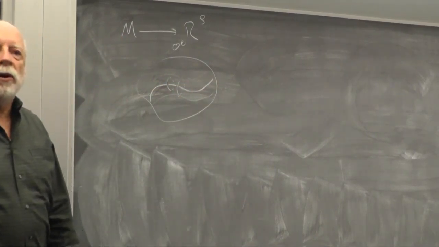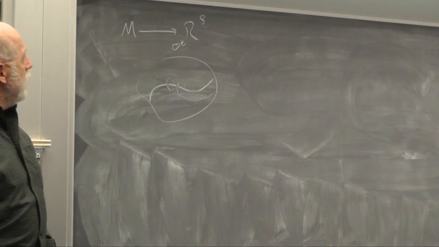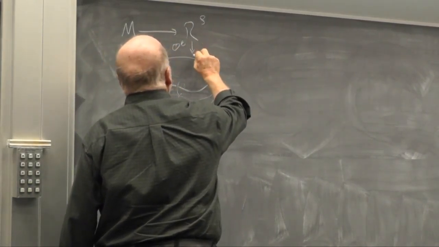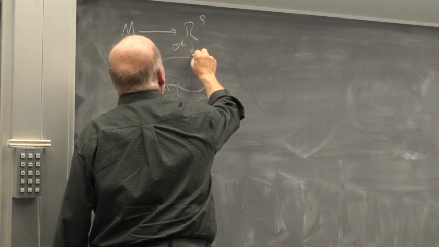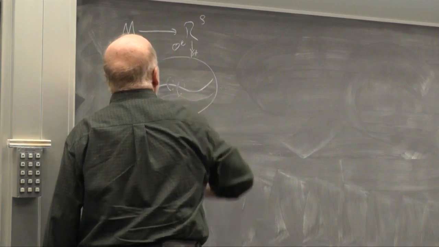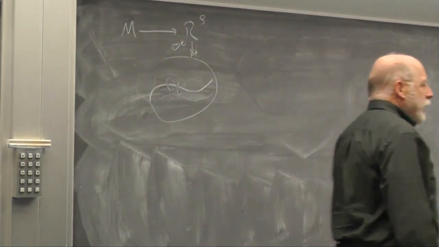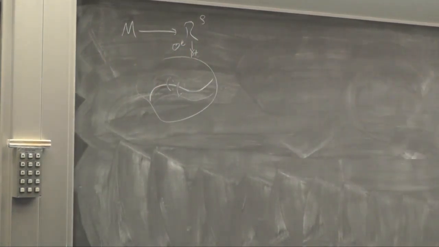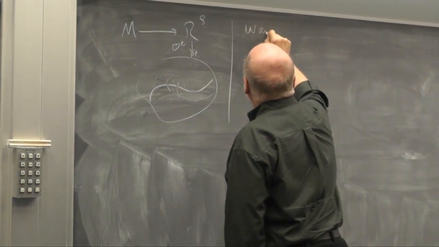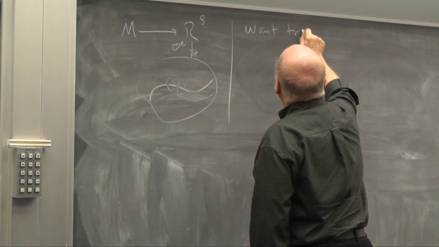There's no more to the argument. It's just you do the same thing. So this is the R^s bundle over a point. Well, that's not quite as much as we want. We want to actually have transversality.